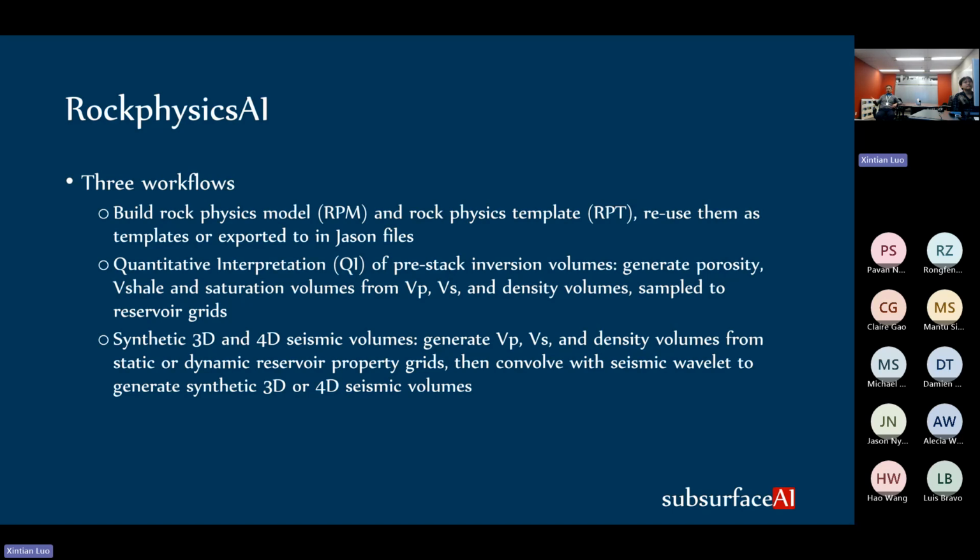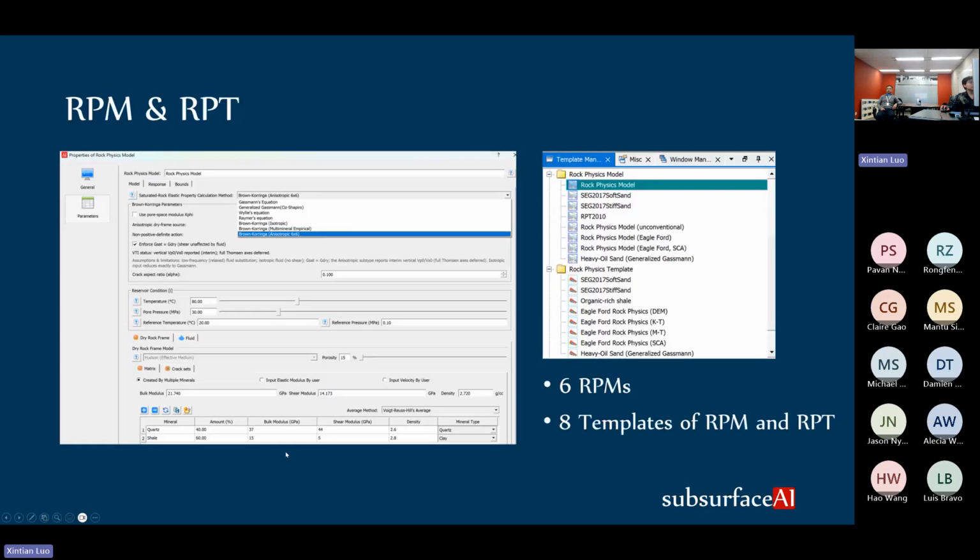You can generate synthetic seismic data from your static or dynamic models and compare with your real seismic data. So we have a workflow to allow you to generate synthetic 3D and 4D data based on the rock physics model and your reservoir properties. In the next few slides, I will show you each step and what we included in the rock physics model.